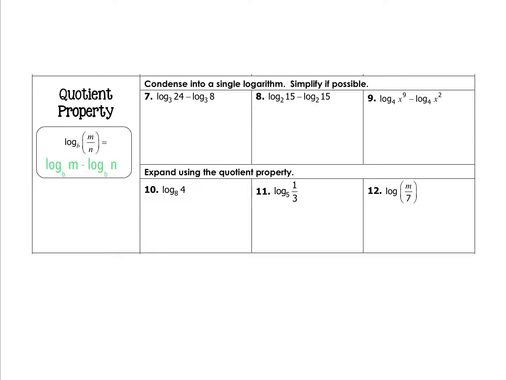And I notice that it is subtraction, and I have the same bases. So I can rewrite this as log base 3 of 24 over 8 because they're being subtracted. So when I put them together, they will be divided. And I can simplify. 8 goes into 24 3 times. So my final answer is really log base 3 of 3.